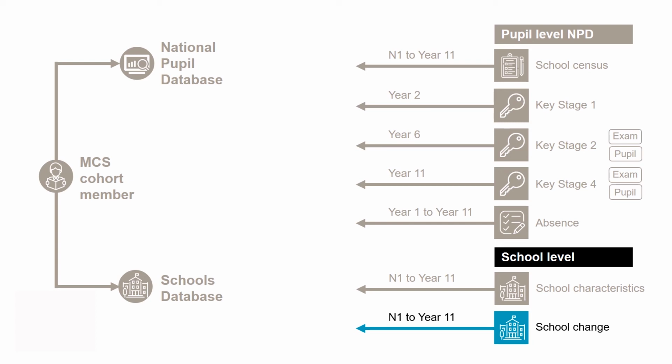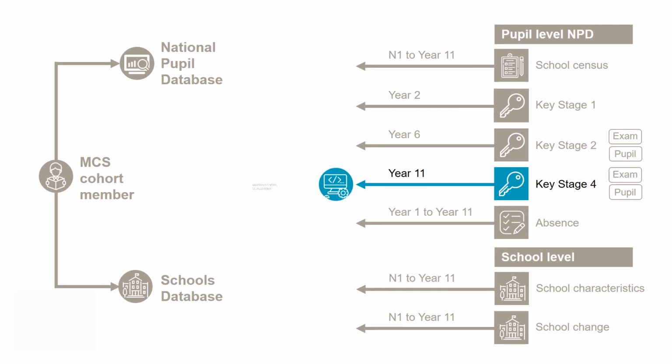This information can be important for researchers to know, so we have created a specific variable that identifies the reason for a URN change. Both sets of data are available from first year nursery, N1, to year 11. Work on school changes across years was carried out by researchers at CLS, and further details can be found in Appendix A of the user guide.